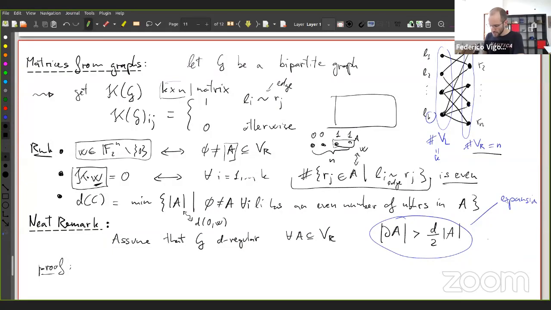We're asking that this happens for every subset on the right with size at most d, some big constant d, then the distance of the code is at least d.